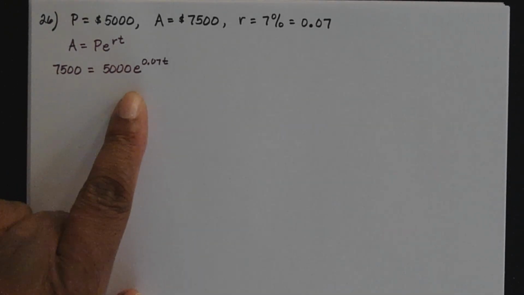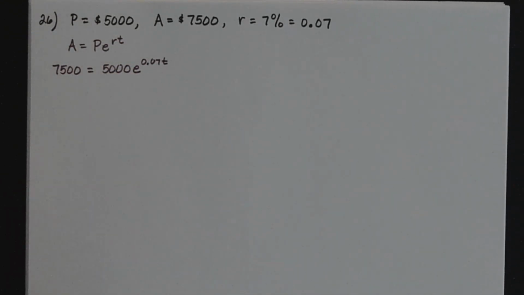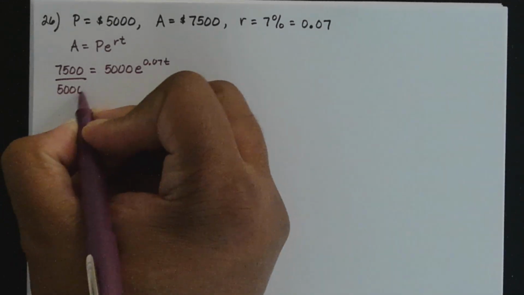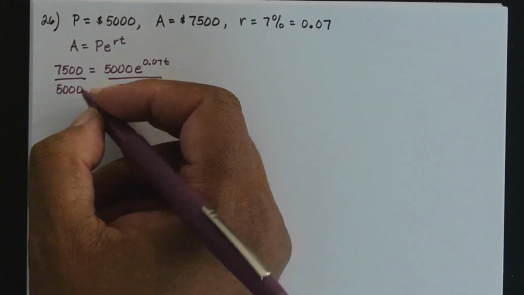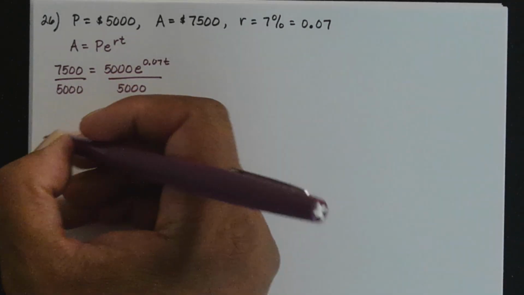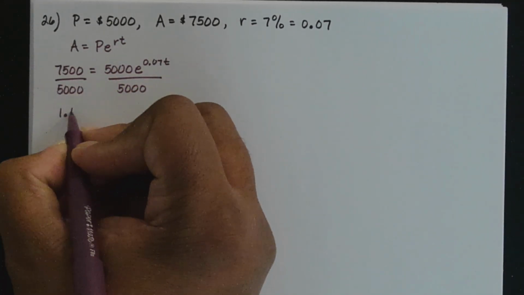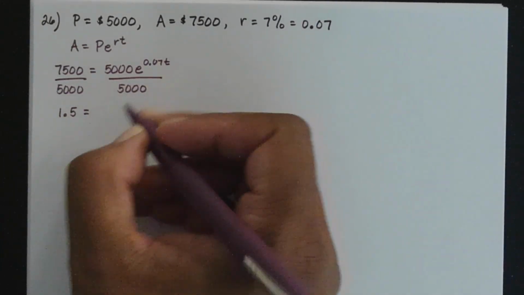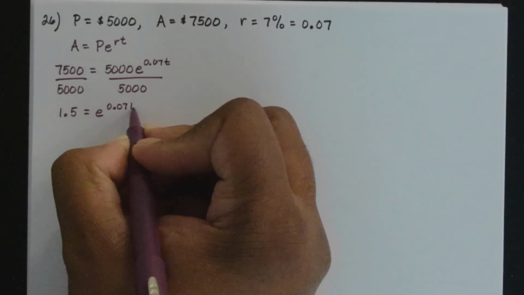Now we need to get the exponential part by itself, that e to the 0.07t. It's being multiplied by 5,000, so let's divide both sides of this equation by 5,000. So here if I do 7,500 divided by 5,000, that will be 1.5. And then the 5,000s divide out, you'll be left with e to the 0.07t.